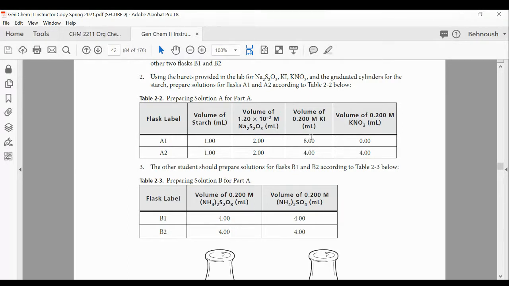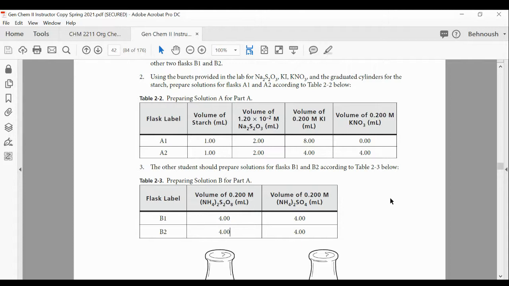We are using 8 milliliters and 4 milliliters, so the concentration is going to change. Concentration is doubled for A1, or trial 1. Concentration for KI is half on trial 2. And then you can divide trial 1 by trial 2. So the rate for trial 1 divided by the rate for trial 2, and from that you can find the value for X, which is for iodine.